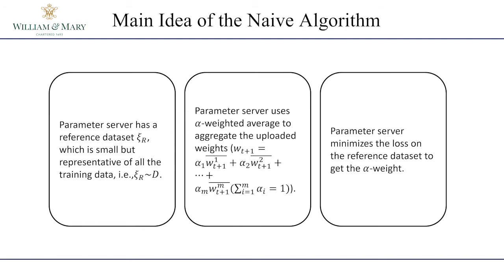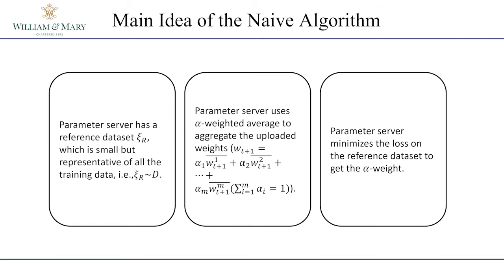Then Xi is a random sample of the whole dataset distribution. We would like to use this representative reference dataset to check the contribution of each worker on minimizing the loss of the whole dataset. This naive algorithm uses an alpha-weighted average to aggregate the received model parameters.